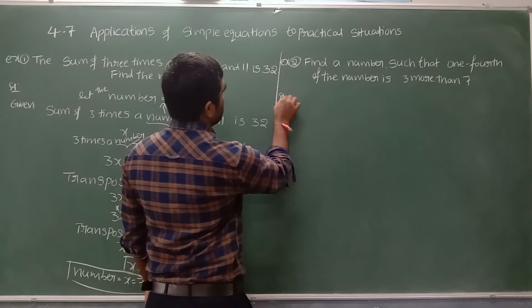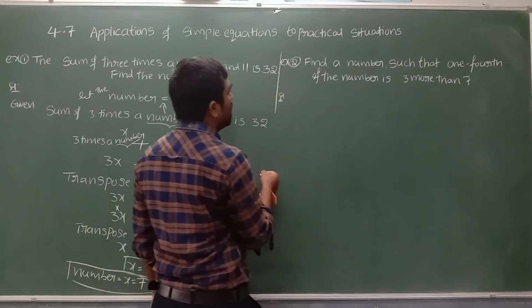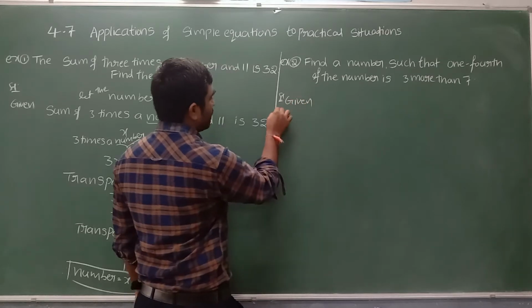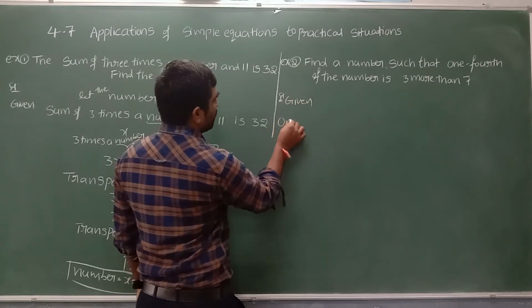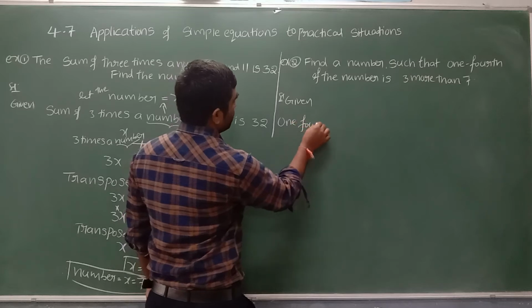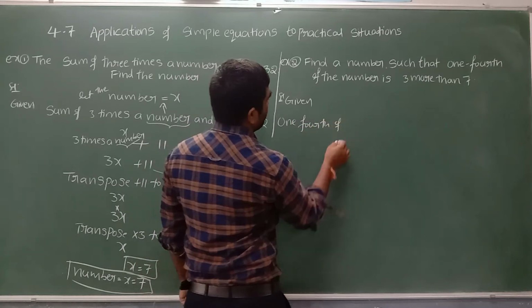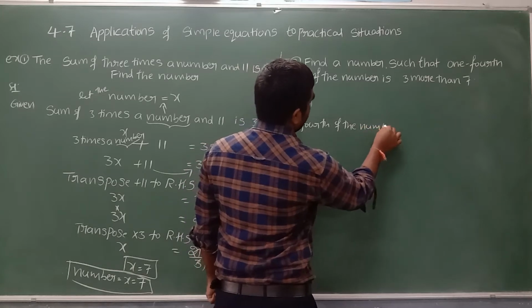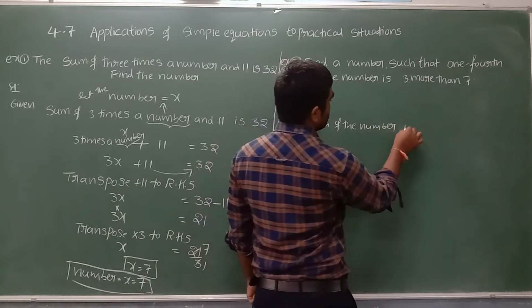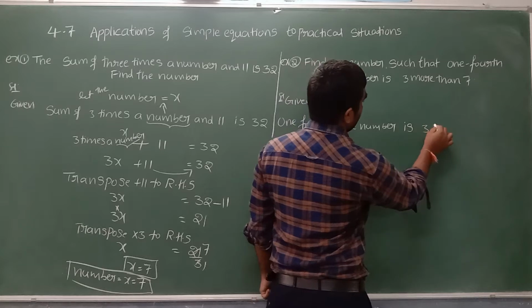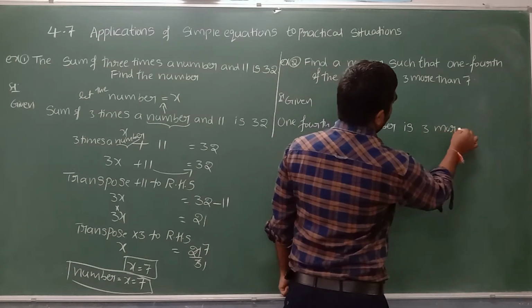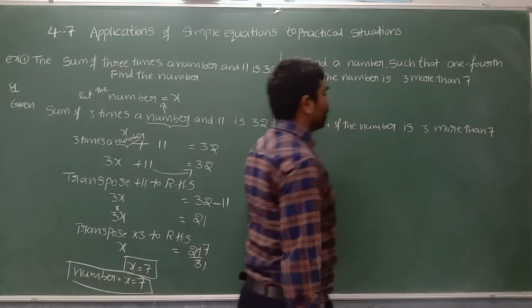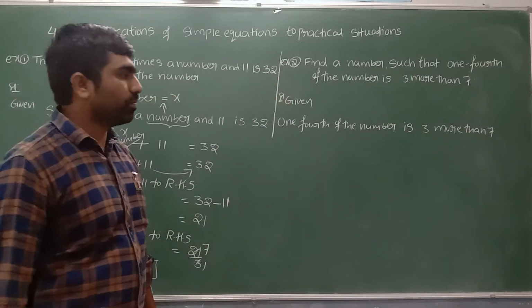They are asking a solution. In order, we will write the given first. What is given here? 1/4 of the number is 3 more than 7.